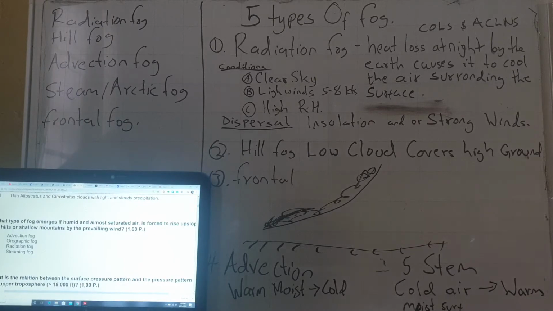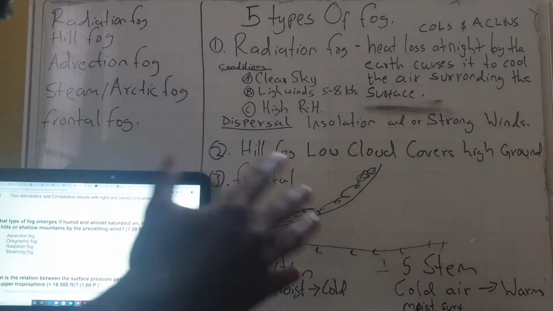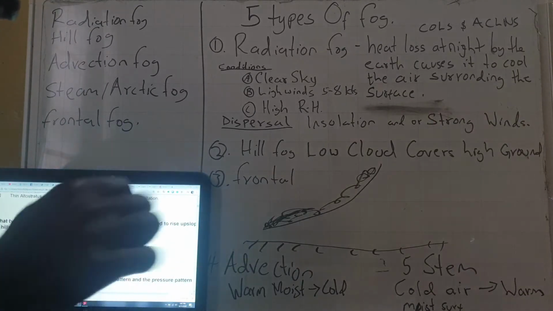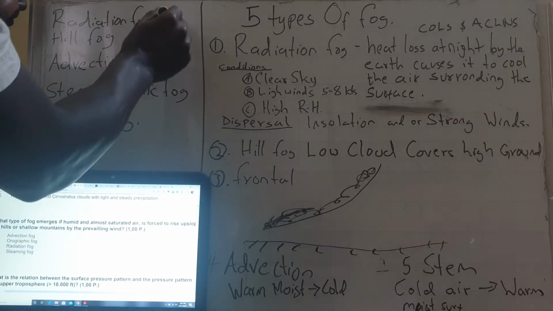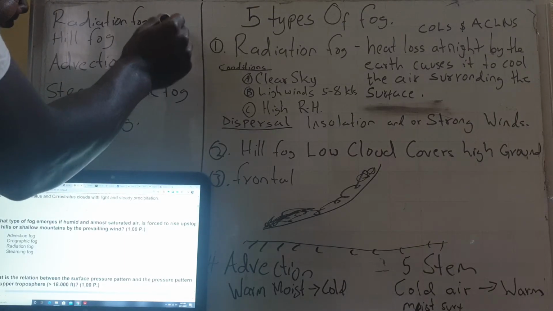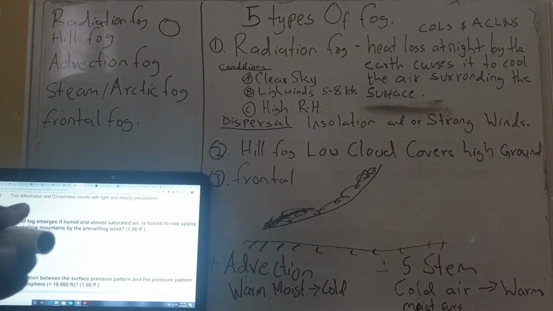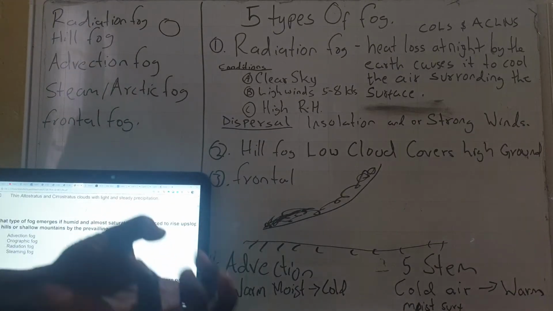So at night it loses again the heat that it has gained really fast, until such a point that it becomes very cold, and then the air surrounding the earth is cooled. So the air that surrounds the ground surface is cooled.